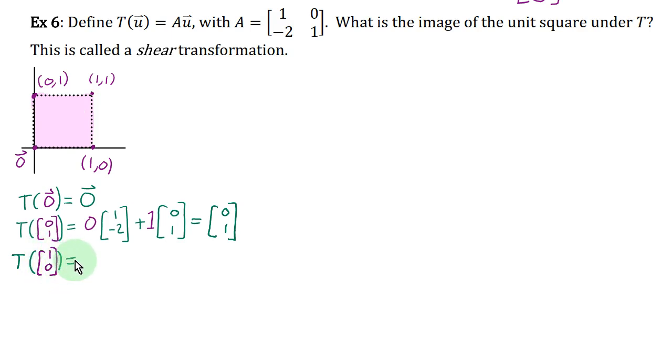We take 1 times (1, -2), plus 0 times (0, 1), and that will give us (1, -2) plus 0, which is (1, -2).